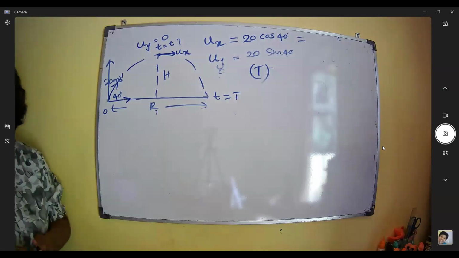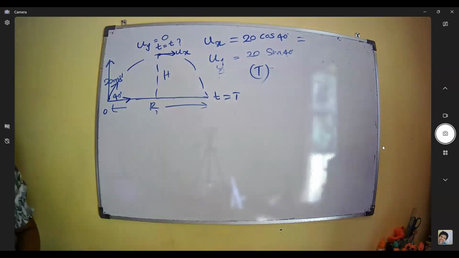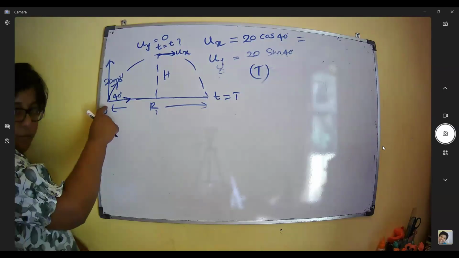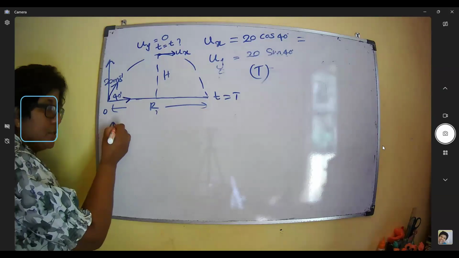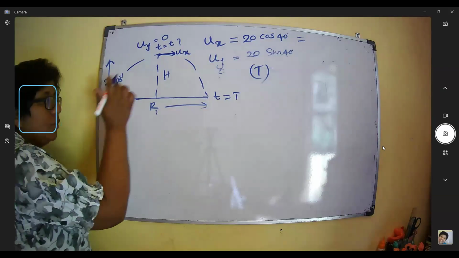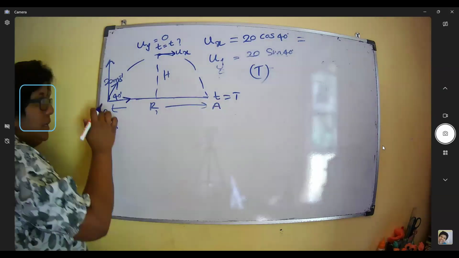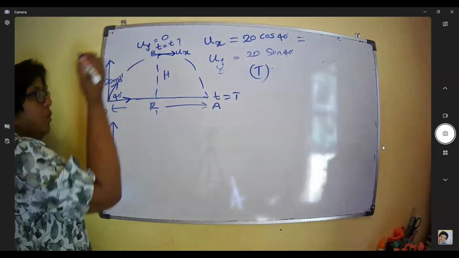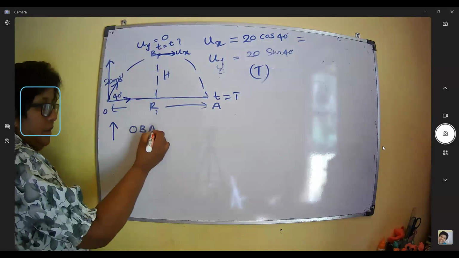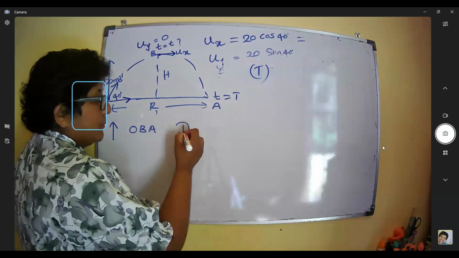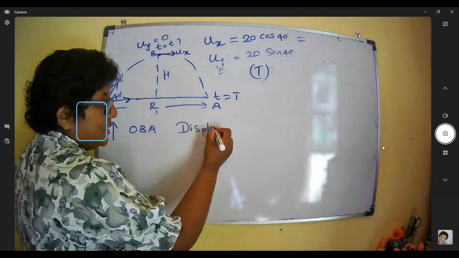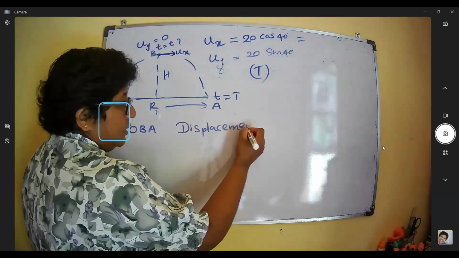But if we want to find the flying time, capital T, then what can we say? You can see here the vertical displacement along the O-B-A path. In the vertical direction, what is the total displacement?